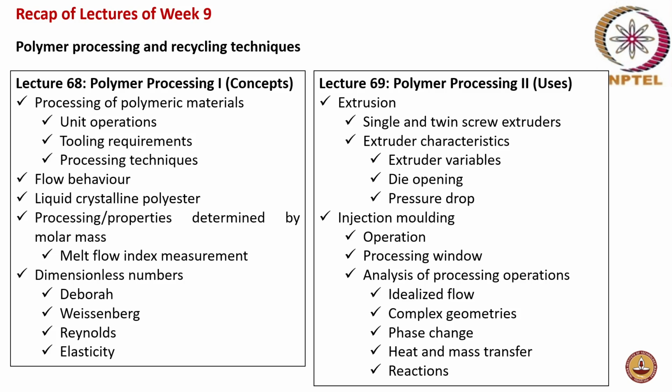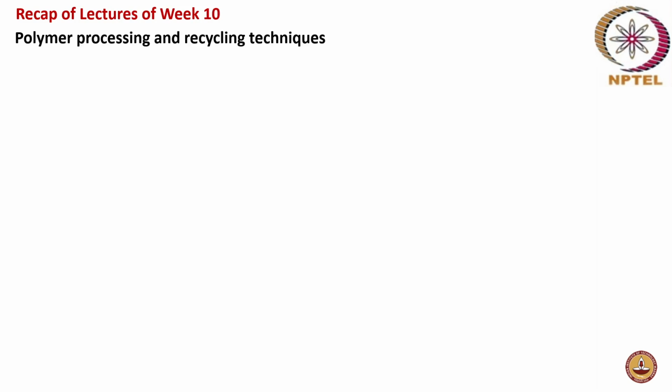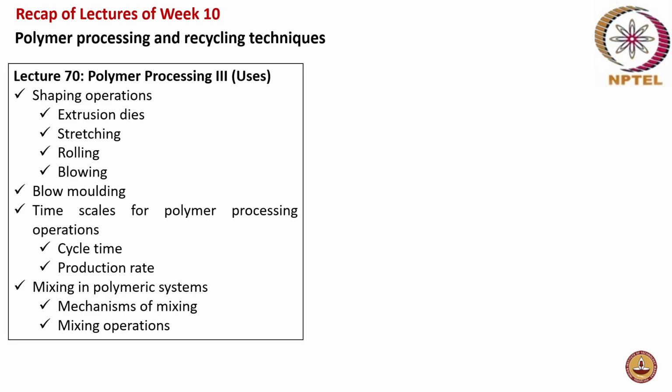And next, this lecture again was on polymer processing. So here your extrusion process and injection molding process were discussed in detail. The next lecture was again on polymer processing. What are the shaping operations? So extrusion dies, stretching, rolling, blowing operations, blow molding were discussed. What are the cycle times involved, right, and production rate.